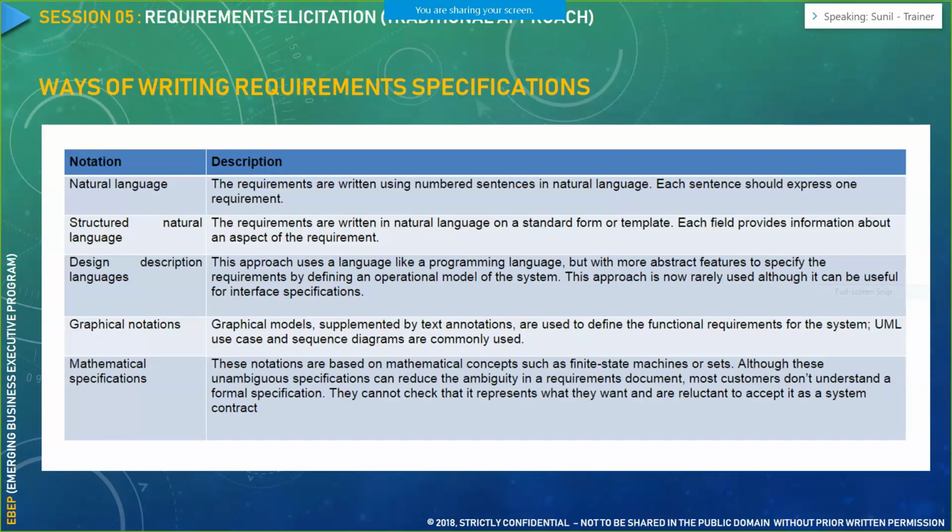Like if the age of a particular insured, or the particular person who is willing to consider insurance, is between 20 to 25 years, the rate would be different. If it is between 25 to 30 years of age, then the rates would be different, the premium would be different. So in those scenarios, we can use mathematical specification to write our requirements.